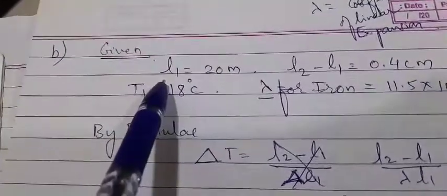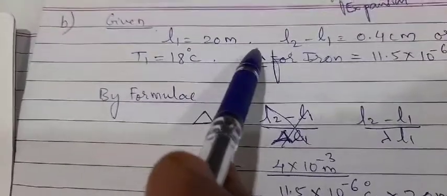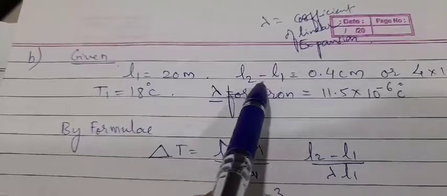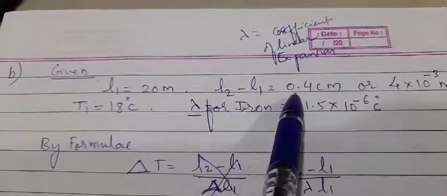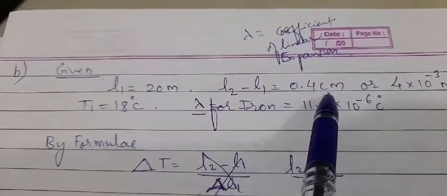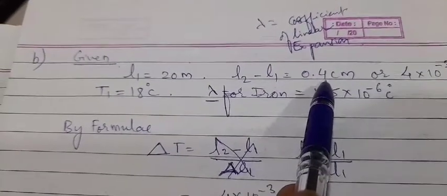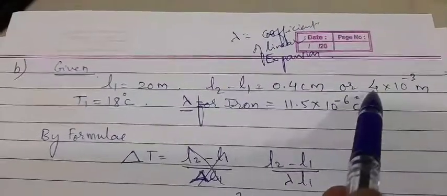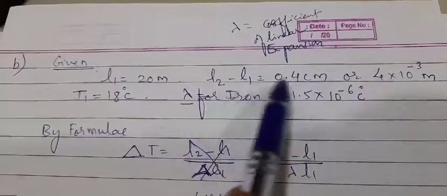Given L1 is equal to 20 meter, and the difference between the two rods, L2 minus L1, is 0.4 centimeter. Since L1 is in meters, we convert it by dividing by 100, so it will be about 4 into 10 raised to minus 3 meter. So this value we got.